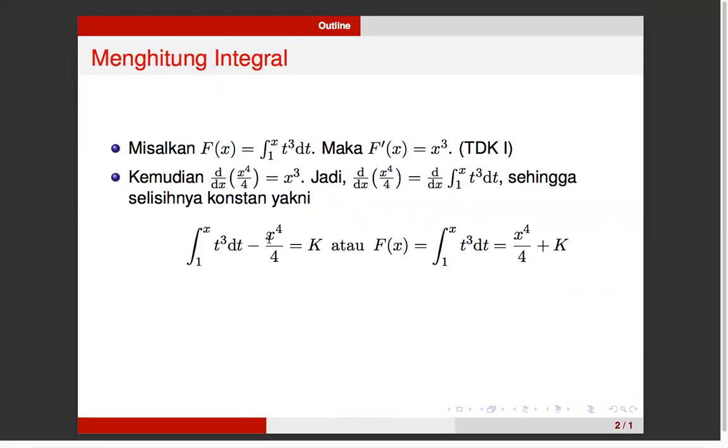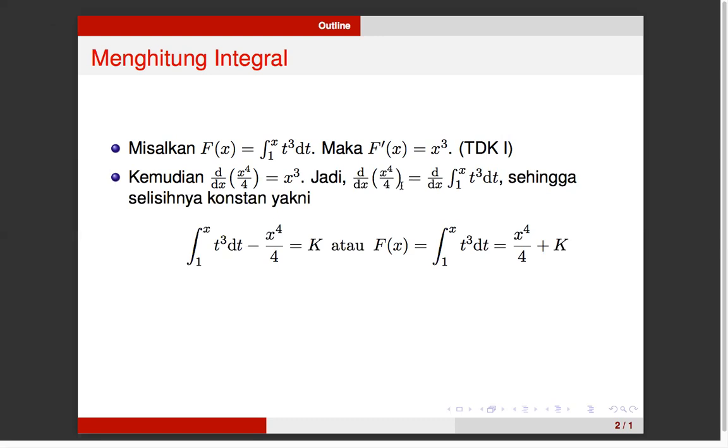Then we can also write d/dx of x to the power 4 divided by 4 equal to d/dx of the first form, the integral of 1 until x of t cubed dt. Therefore, we can take the difference here. So remember the theorem that says if we have two functions whose derivatives are the same, then those two functions only differ by a constant.